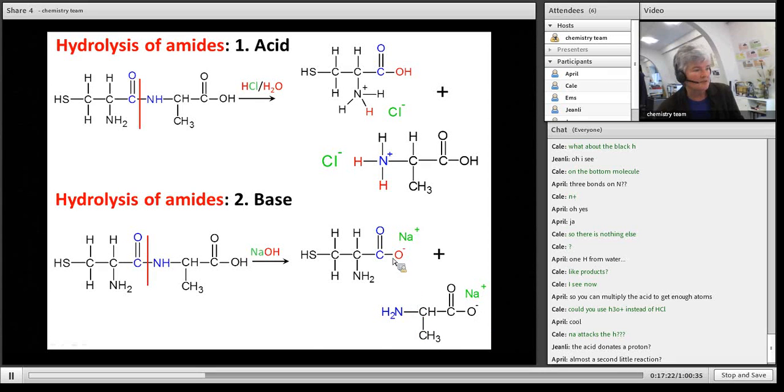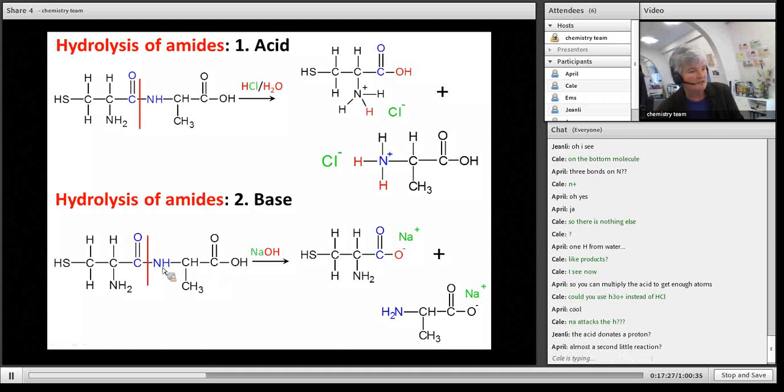So what happens here? Remember that H that comes off now goes onto there eventually. It might not be the same one, but that gets neutralized there. Or you could say the H comes from that one. It's just from the mixture somewhere. So yes, April, almost a second little reaction.